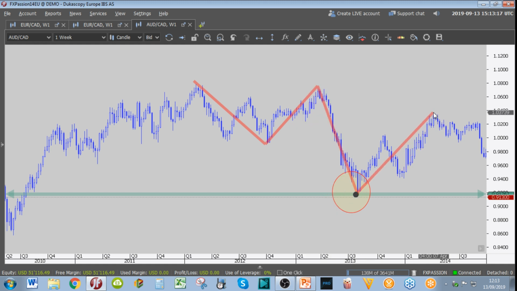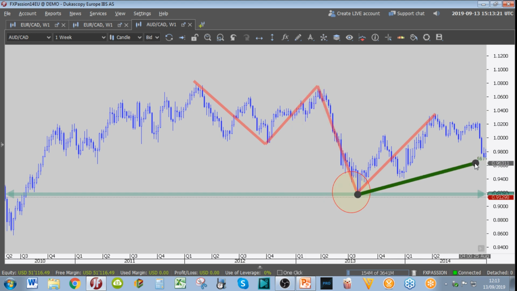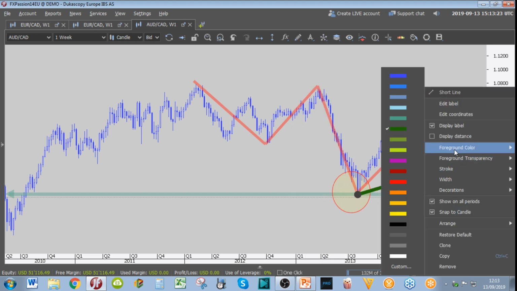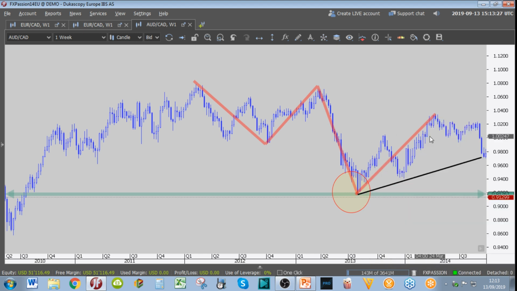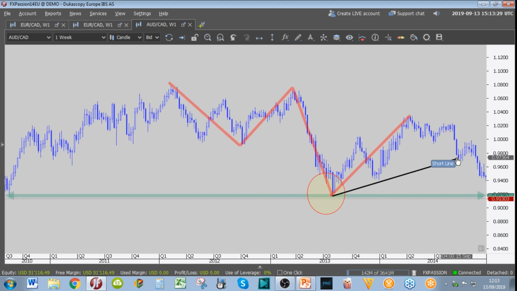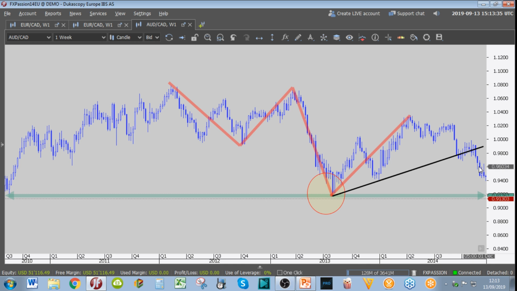Another retracement, counter trendline break, let's color code this in black. Okay, counter trendline break in here. Now we entered somewhere in here.